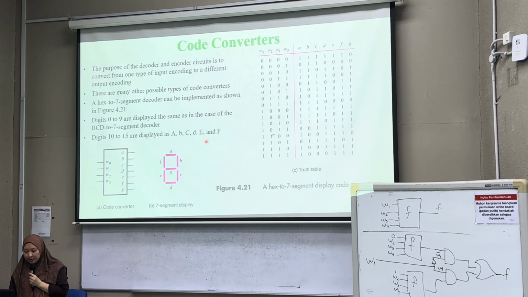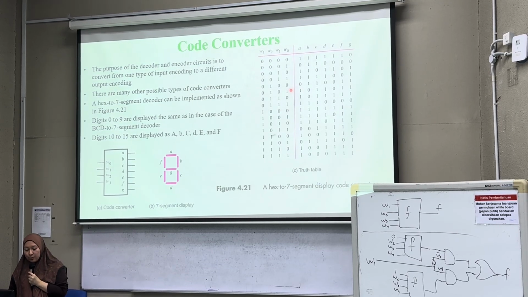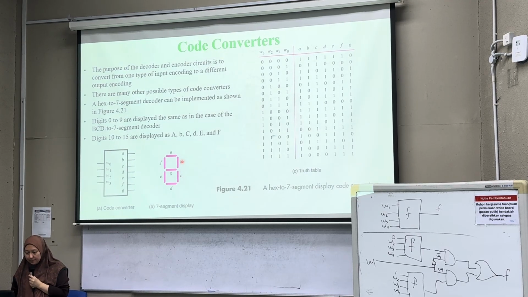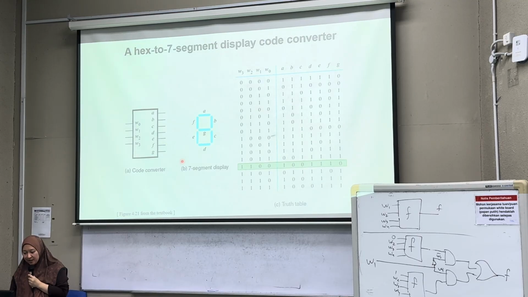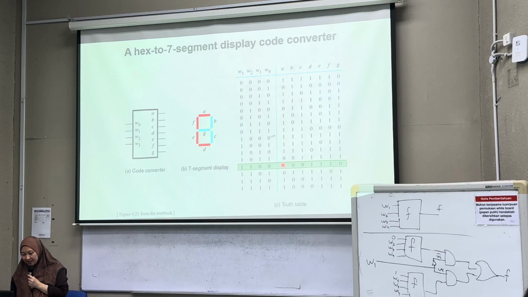Okay, next, code converter. Code converter, yeah, this one I think you will be using for your labs, when you do your 7-segment display. So here it just shows, for this one, this is C because this is a hex.